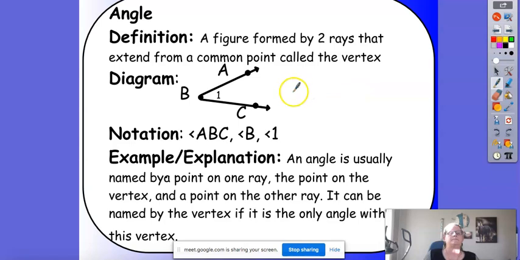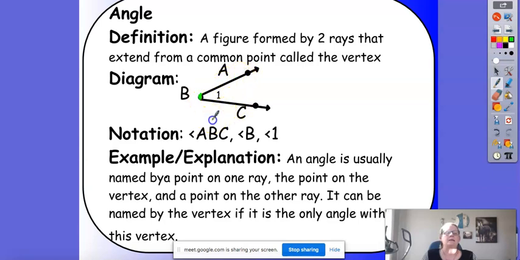An angle. An angle is a figure formed by two rays that extend from a common point called the vertex. The vertex is B. So when I have an angle, I can talk about this angle here. I could say angle ABC.